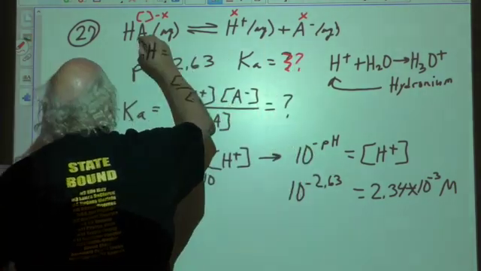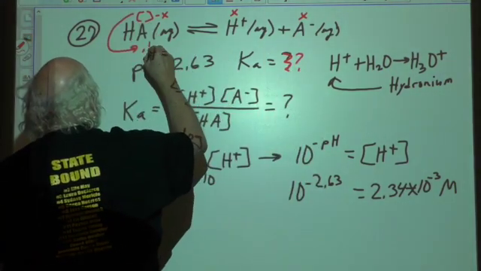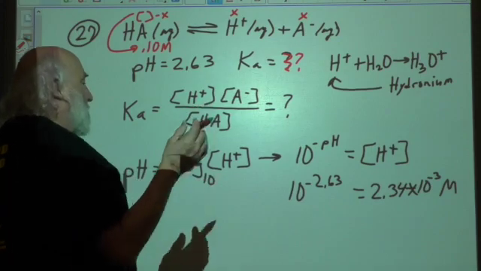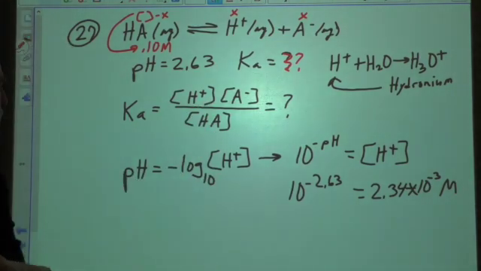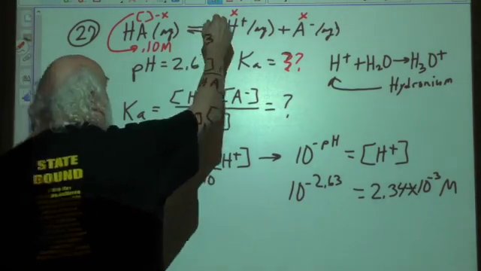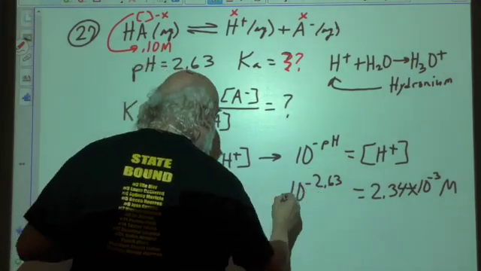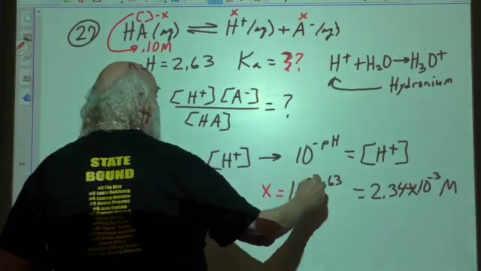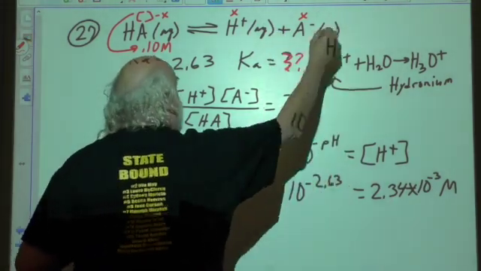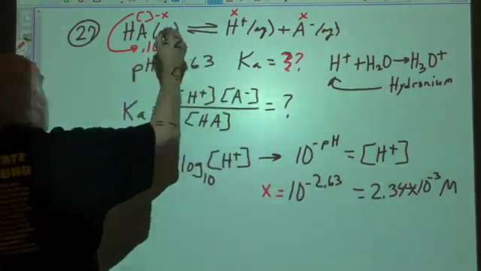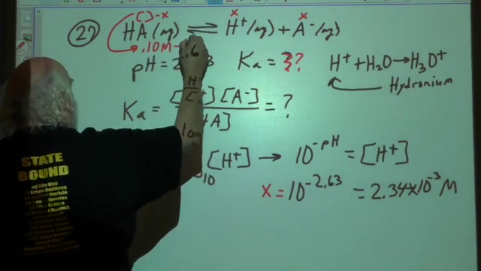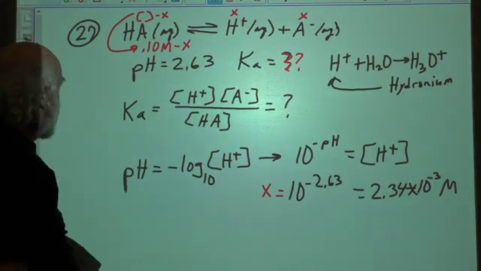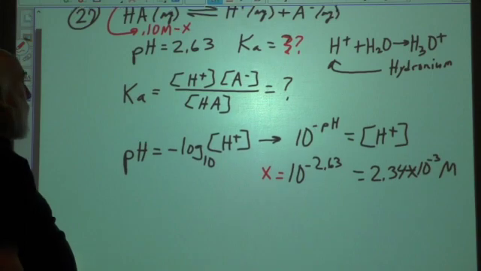What I didn't have written down is that the original concentration is 0.10 molar. That's kind of important information. Okay, but since H positive is x, then that means that this is equal to x. So I can put an x here, this number goes in for x here, this number goes in for x here, and this number goes in for x right here. So 0.10 minus x. And that will give me my Ka.